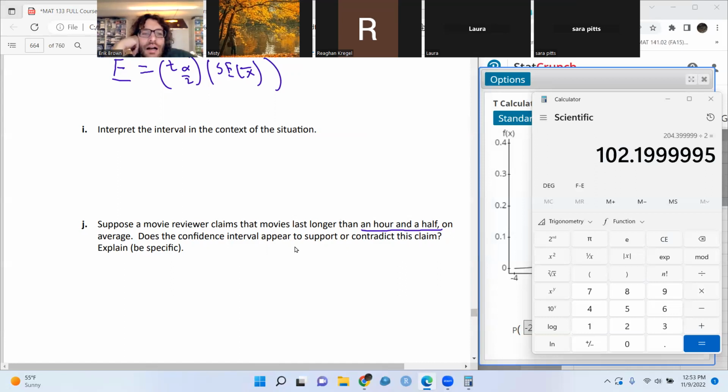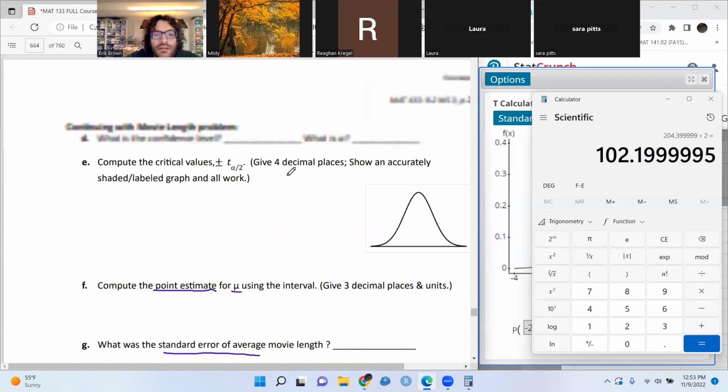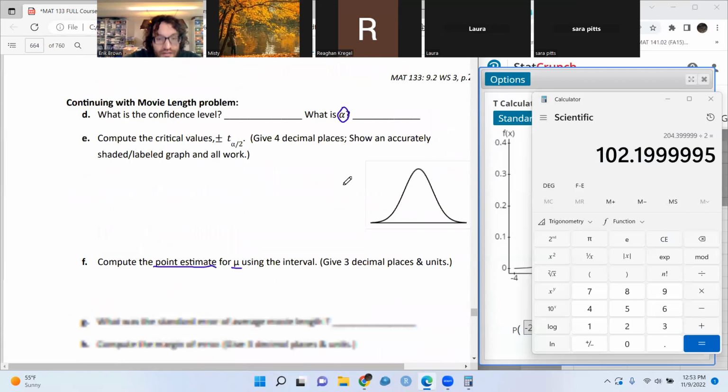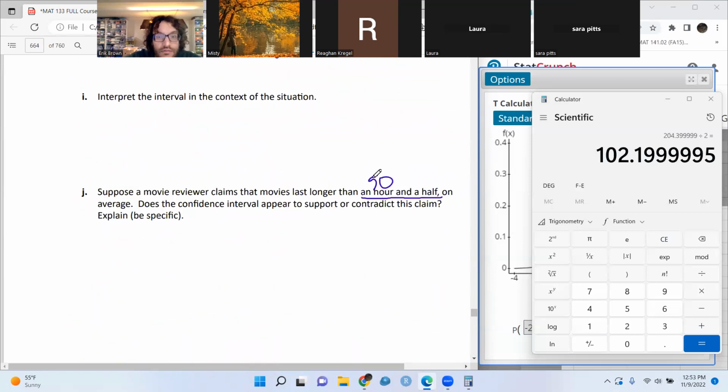Nice. J is a support, by the way. 1.5 hours is 90 minutes. 90 is below 97. So the mean length of a movie is 7 minutes longer than 90 minutes.